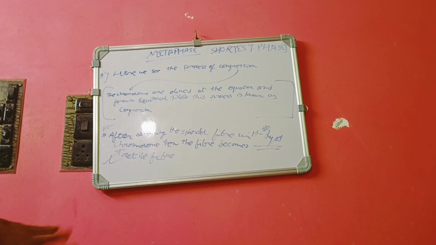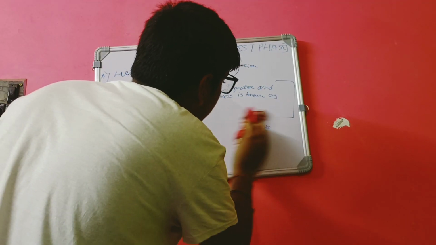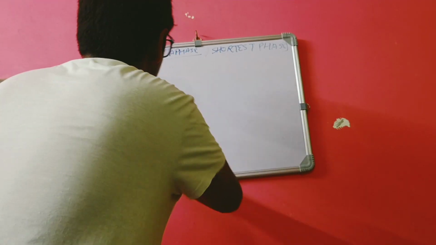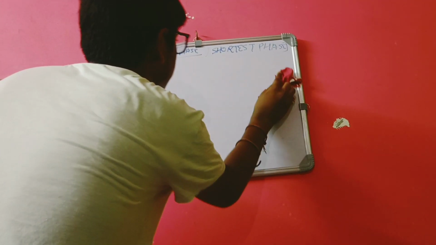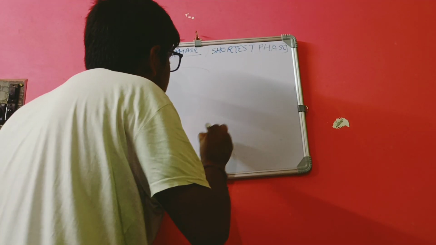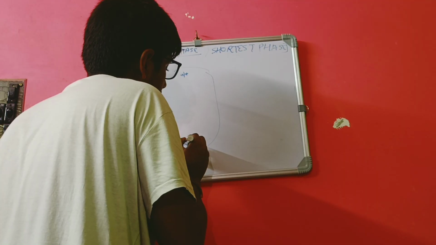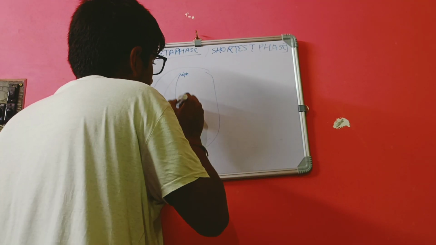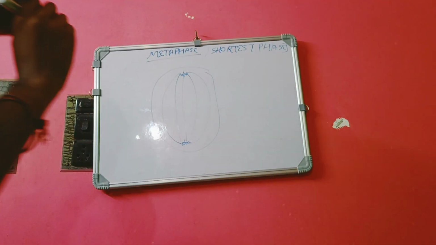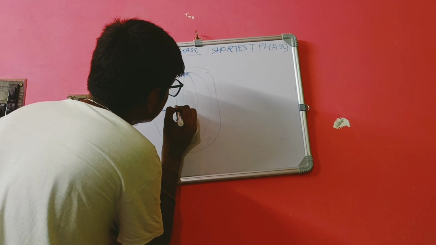Now the next process. Okay, let me show the diagram of how you will identify metaphase. This is a cell and this is a centrosome. Here and there, two centrosomes, and after that you will see that they are attaching at the equatorial plate.